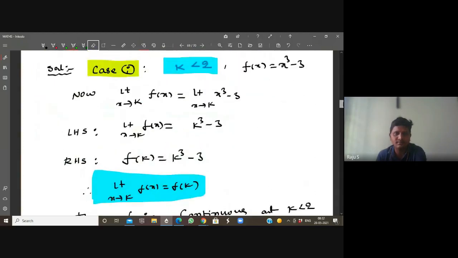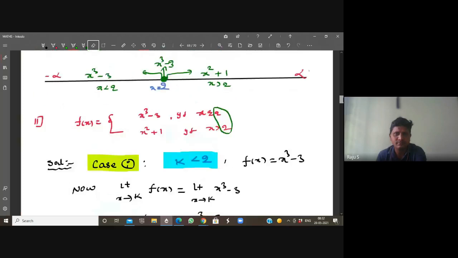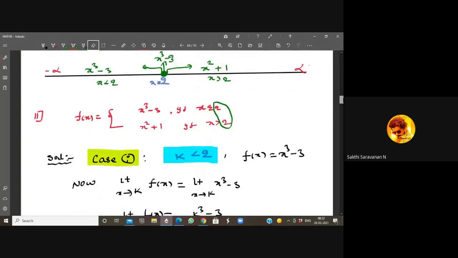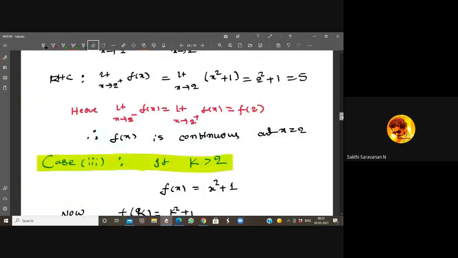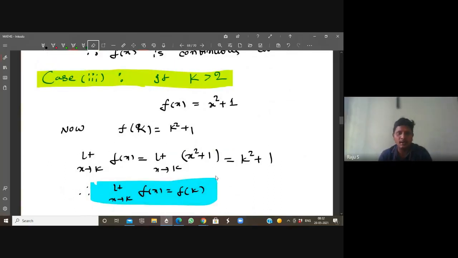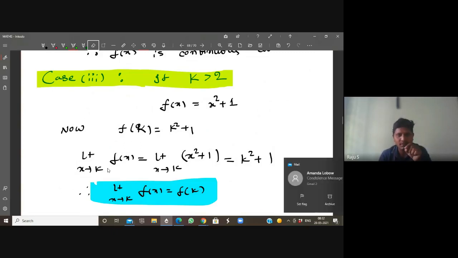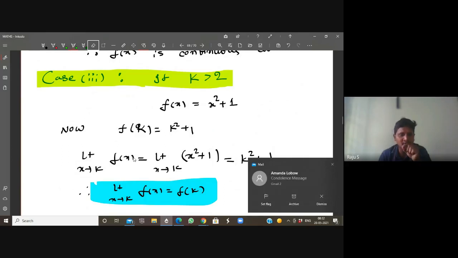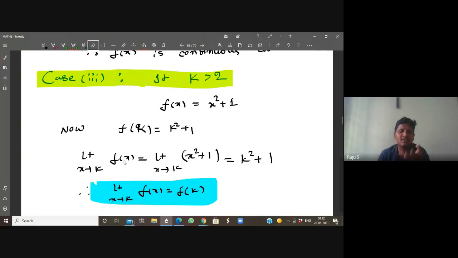Any doubts? Sir, you can show the case, please. Greater than, lesser than, you can find the limit value at k. See, continuity depends on the limit. With the help of the limit only, we are checking the continuity here.